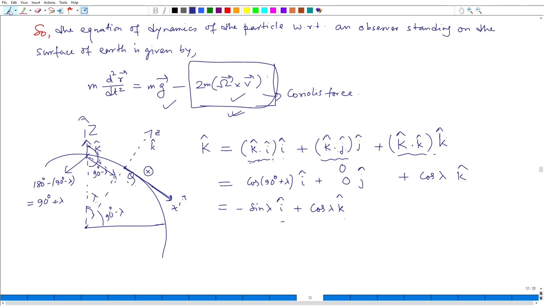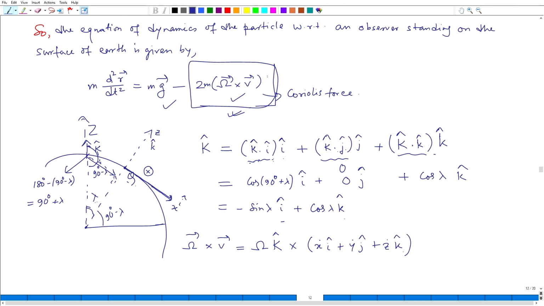I can write that my omega cross V will simply be equal to capital omega capital K cap cross x dot small i cap plus y dot small j cap plus z dot small k cap.